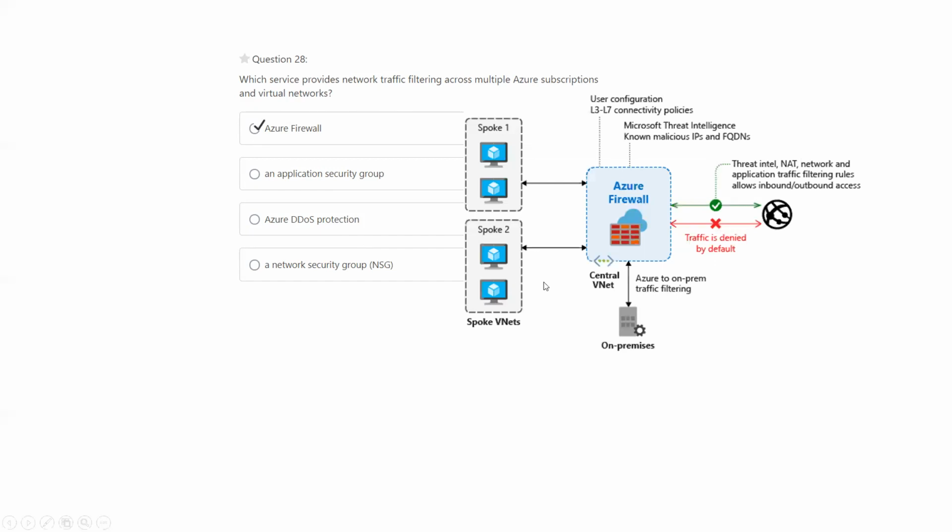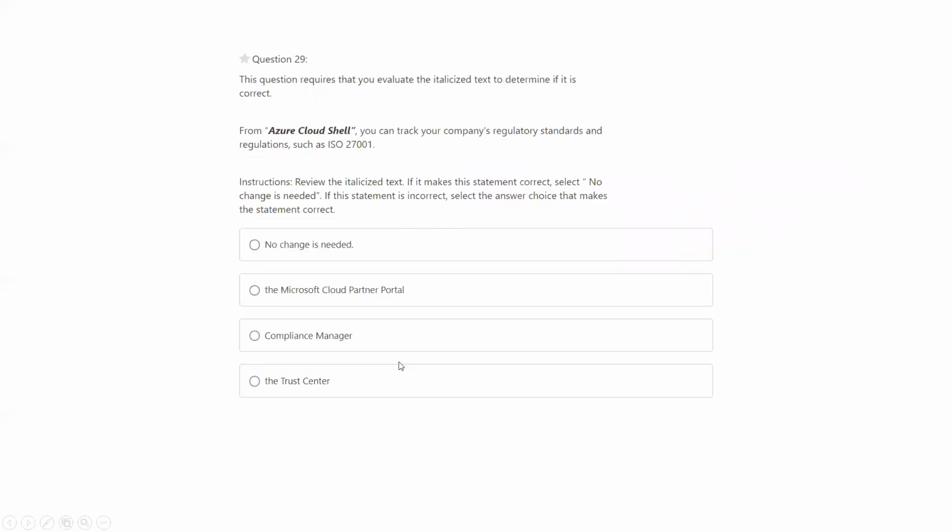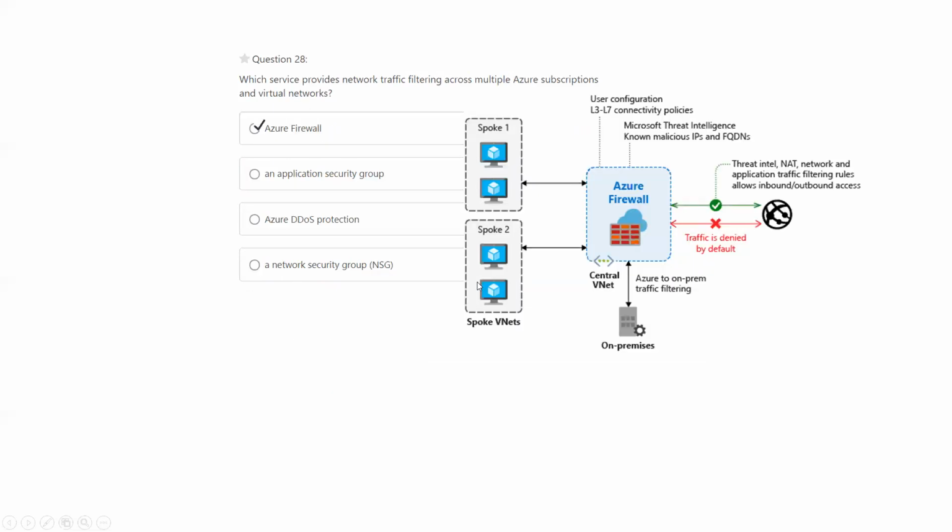If you look at it, it basically filters the traffic across the subscriptions. So you have, like, on-premises and you have an Azure subscription. You can use Azure Firewall to filter and protect the traffic.